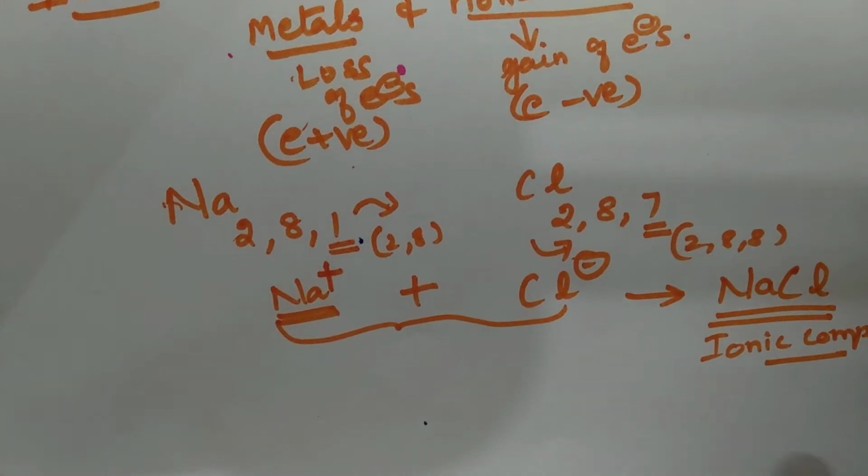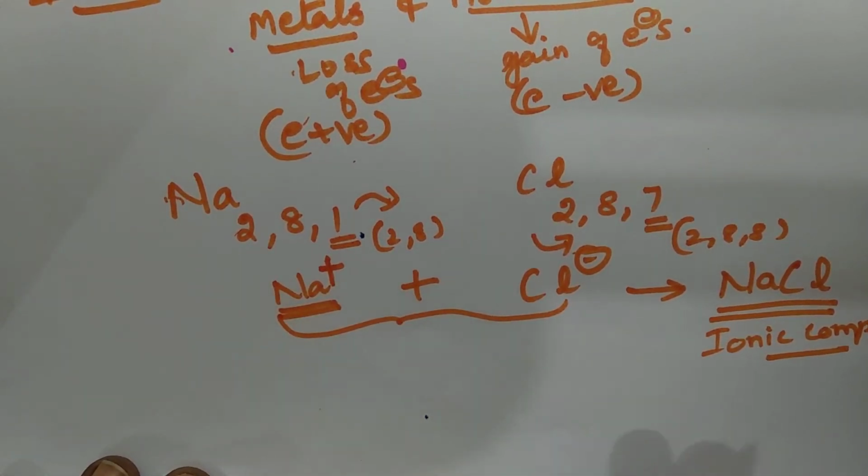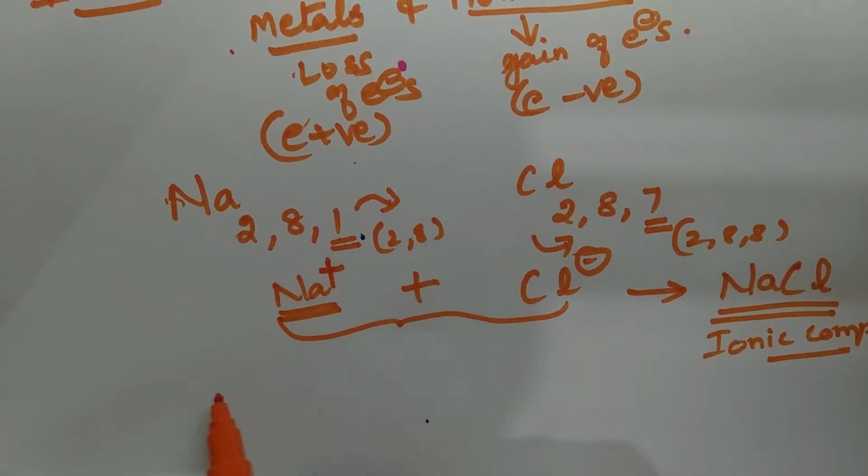When talking about ionic compounds, we must also know about the other kind of compounds present in nature, called covalent compounds.